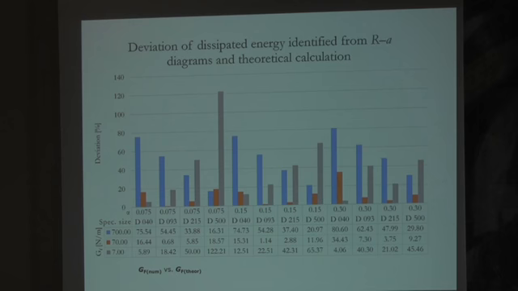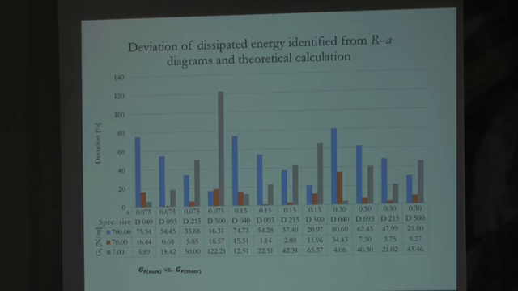The largest deviation is for the biggest test specimen with the lowest initial notch, more than 120%.